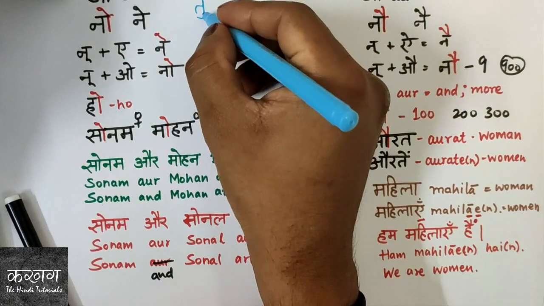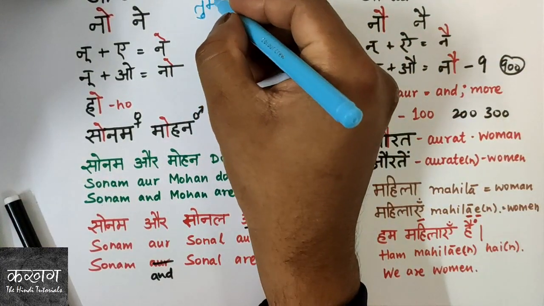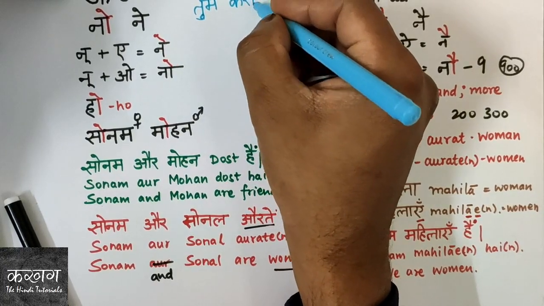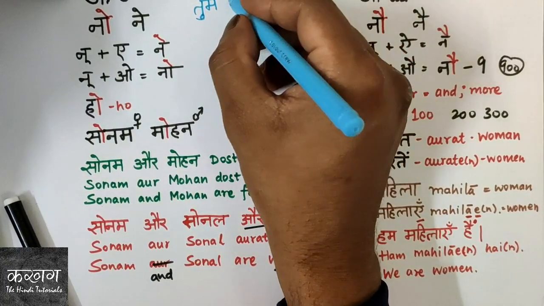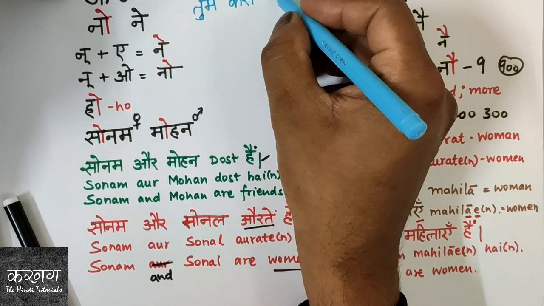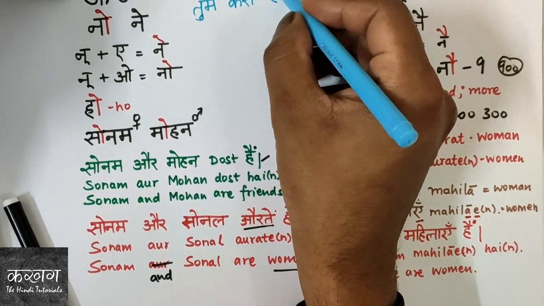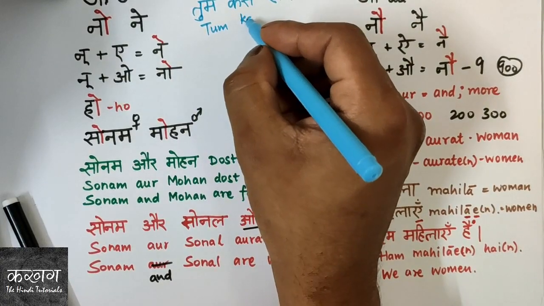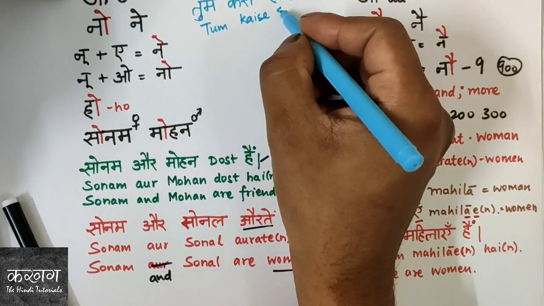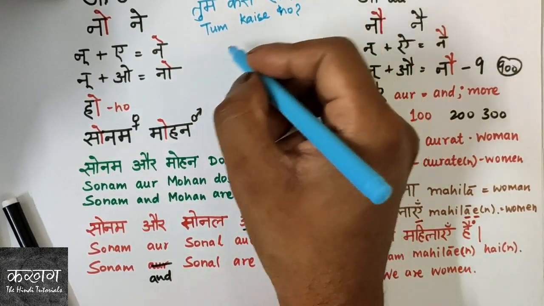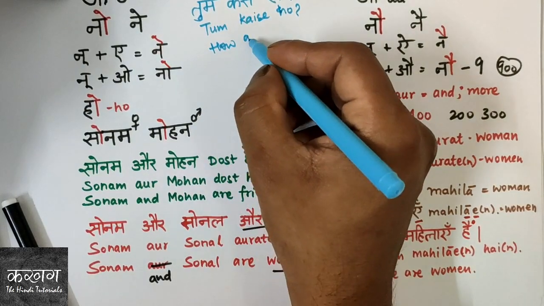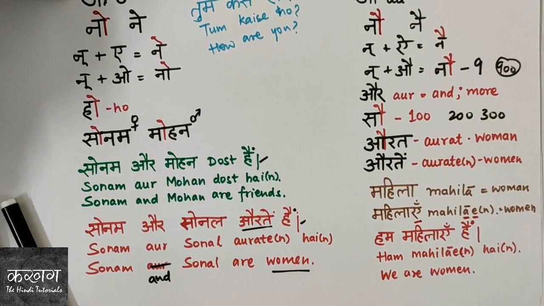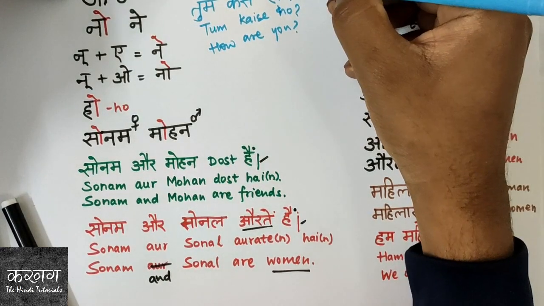Tu, tum, kaise, tum kaise ho. Tum kaise ho is how are you to a male person.